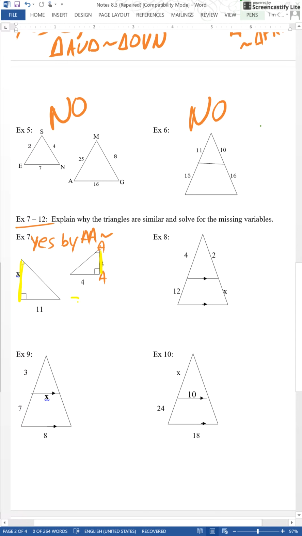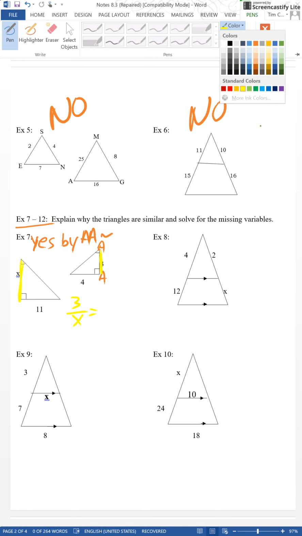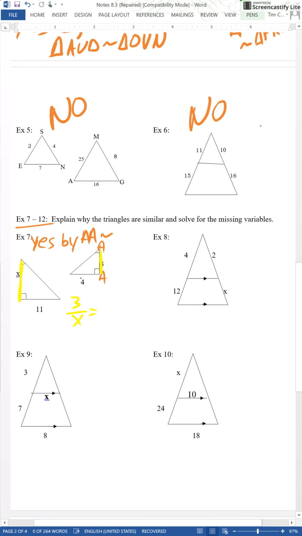So I'll say 3 over x equals, bottom side, bottom, 4 over 11. Notice this small triangle right here, the 3 and the 4, they're on the top. The x and the 11, they're on the bottom. Now I'm going to cross multiply, and I get 4x equals 33, and I get x equals 8.25.